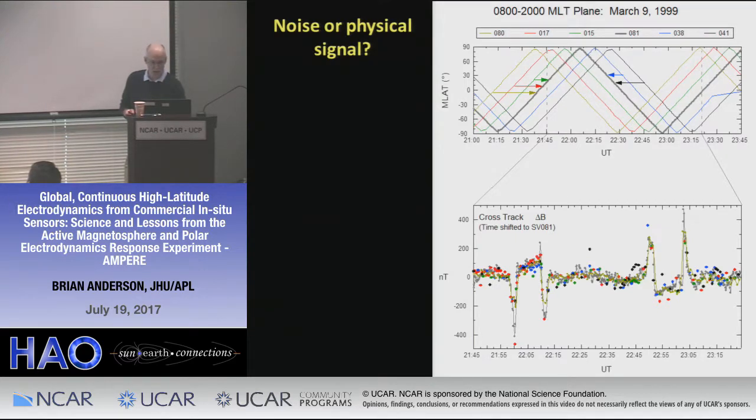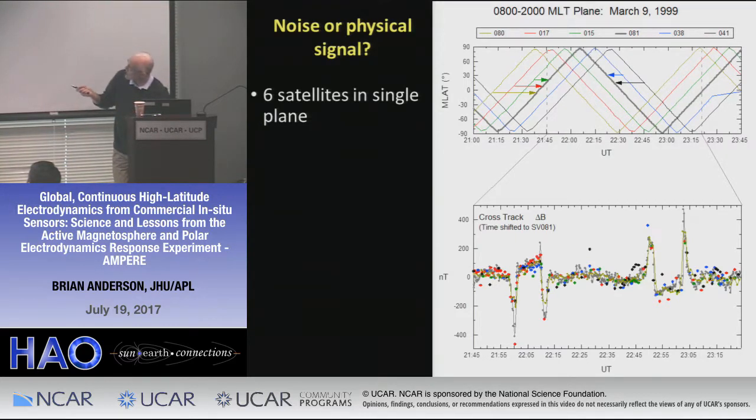What I did is I did some work where I put together a bunch of satellites in one orbit plane from the old data back in 1999, and then time shifted it so it was all at the same latitude. So they're all time shifted to that satellite so that they're all sampling the same latitude at the same time. And then you can see that the measurements that are coming out of the system are lining up.